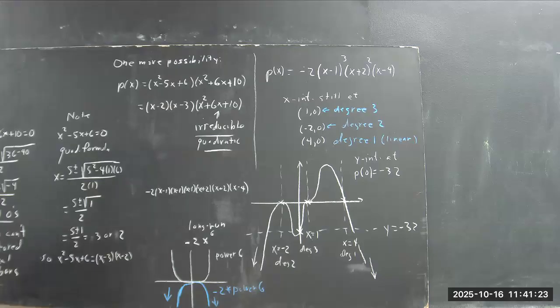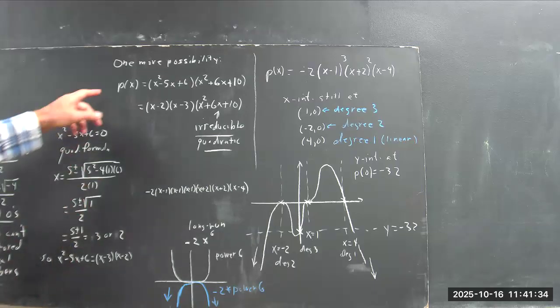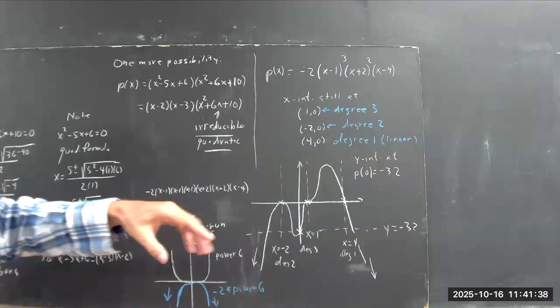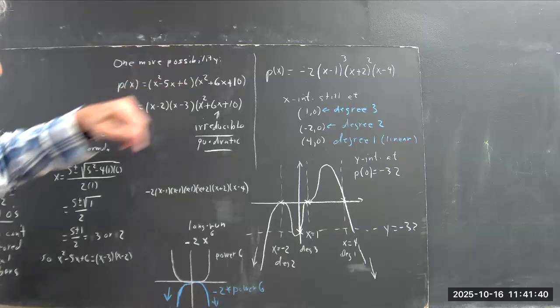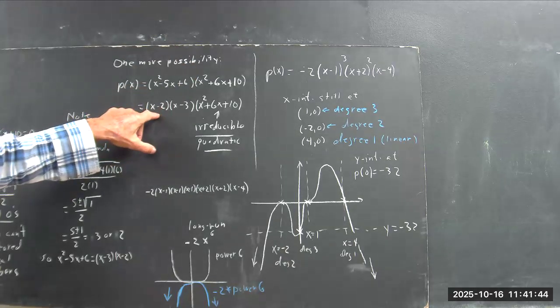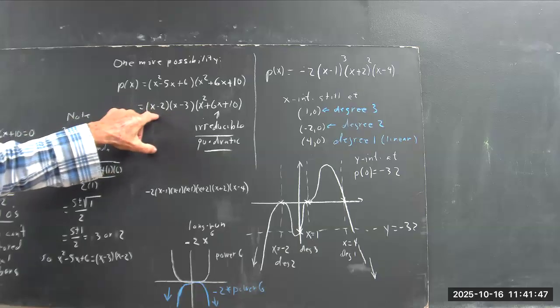All right. Well, the fundamental theorem of algebra tells you that any real valued polynomial, but that's all we're dealing with, can be factored on real numbers into linear factors.